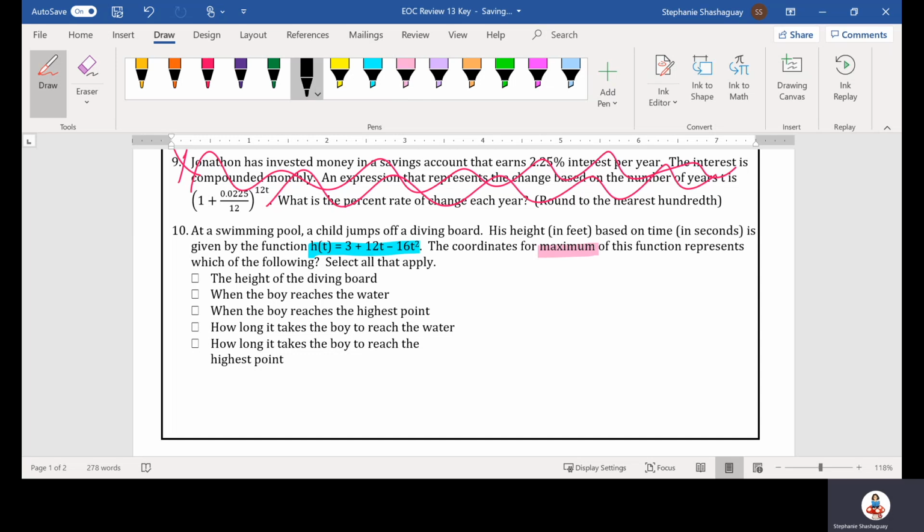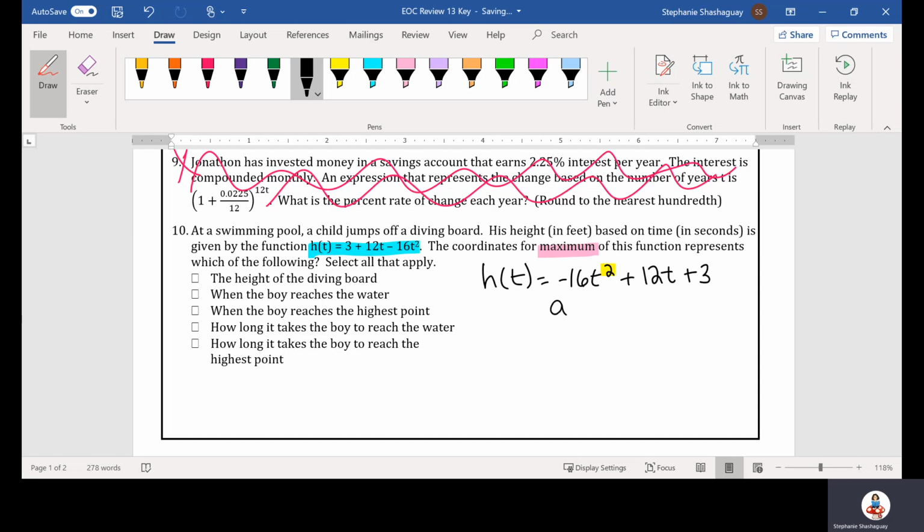So first of all, I would recommend that you always write your function in degree order. So h of t is equal to -16t squared, because our quadratic term should always come first. That's the term with the highest degree. That exponent is telling me the degree. Then I'm going to write plus 12t. Then I'm going to write plus 3.